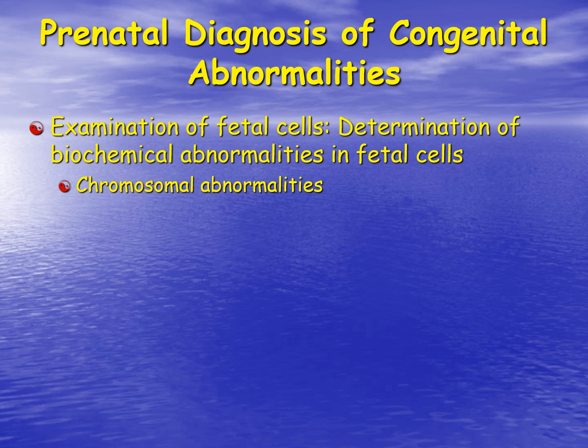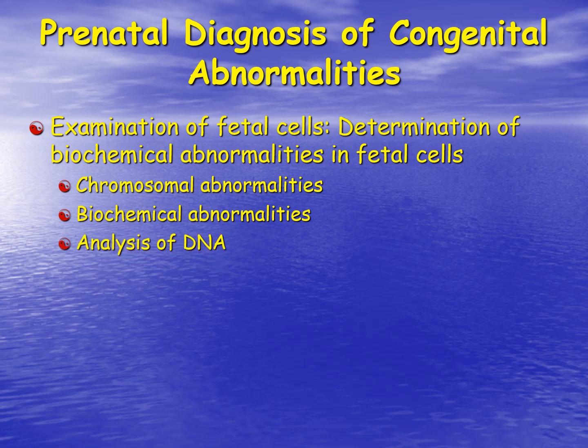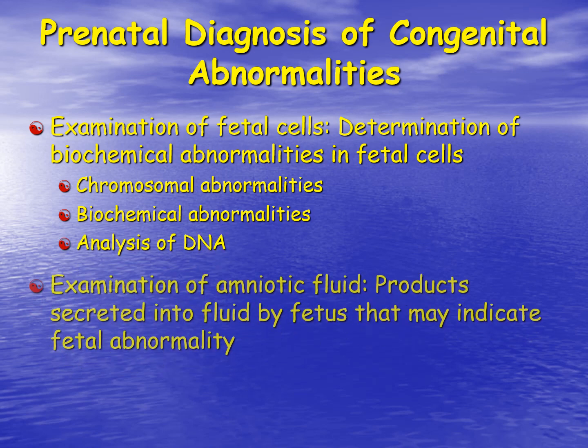Does this fetal cell have 3 chromosome 21s instead of the normal 2? We can see biochemical abnormalities. Does this fetal cell have the gene that will produce the enzyme that is made to break down phenylketonuria, or does it not? We can analyze the DNA.